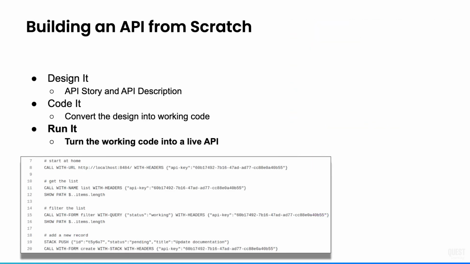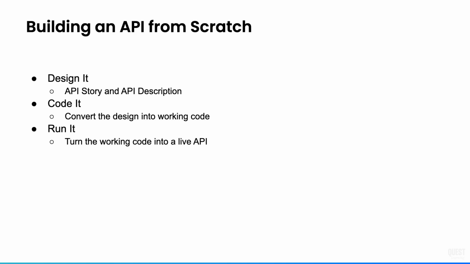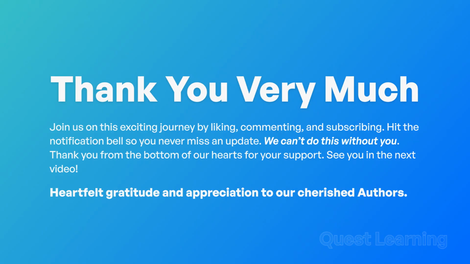And then finally, we turned that working code into a live API by testing and securing that before we released it. And then we tested it out, including all our security features. In this case, the API key is testing to make sure that everything is working properly. Design, code, and run. That's building from scratch. So, we've had a great time in this course.